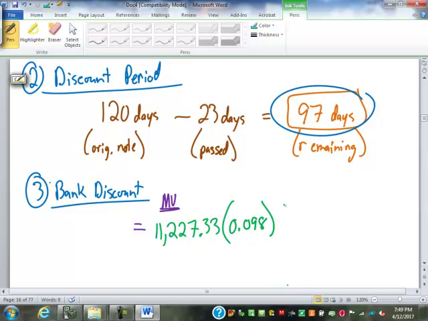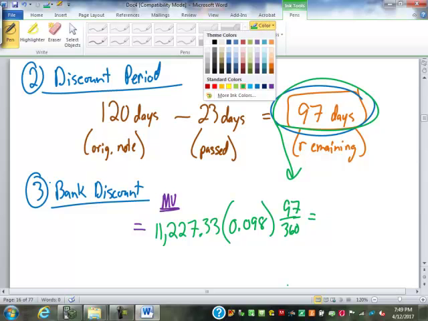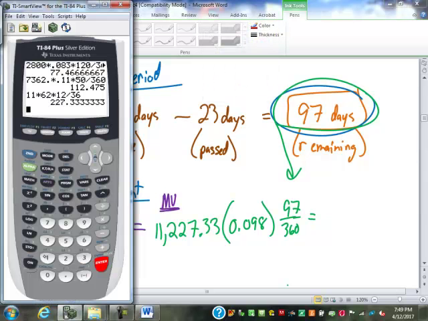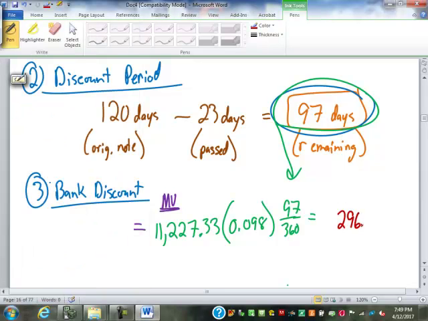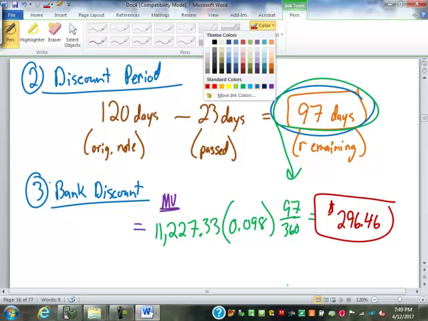And how long? 97 over 360. So 11,227.33 times 0.098 times 97 divided by 360 is 296.46. That's the bank's discount. That's the money that the bank is going to charge to hold this note.